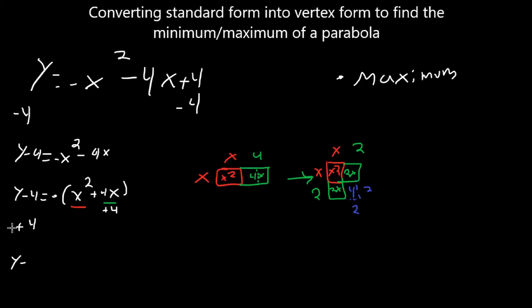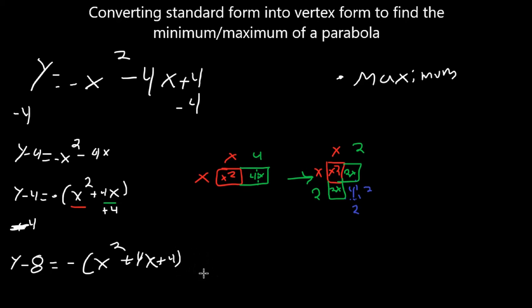We're adding 4 inside the parentheses, which means we must subtract 4 from the left-hand side with the y value. So we're going to get y minus 8 is equal to negative x squared plus 4x plus 4.